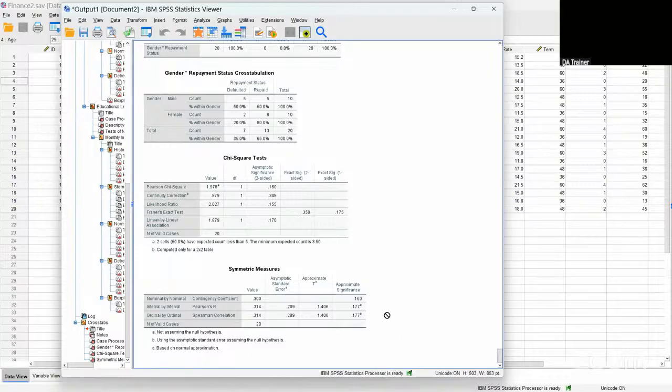Yet the approximate significance here is 0.16. It's still higher than 0.05. So we can't buy that understanding. Let's still go back to chi-square again. Let's have something to do.